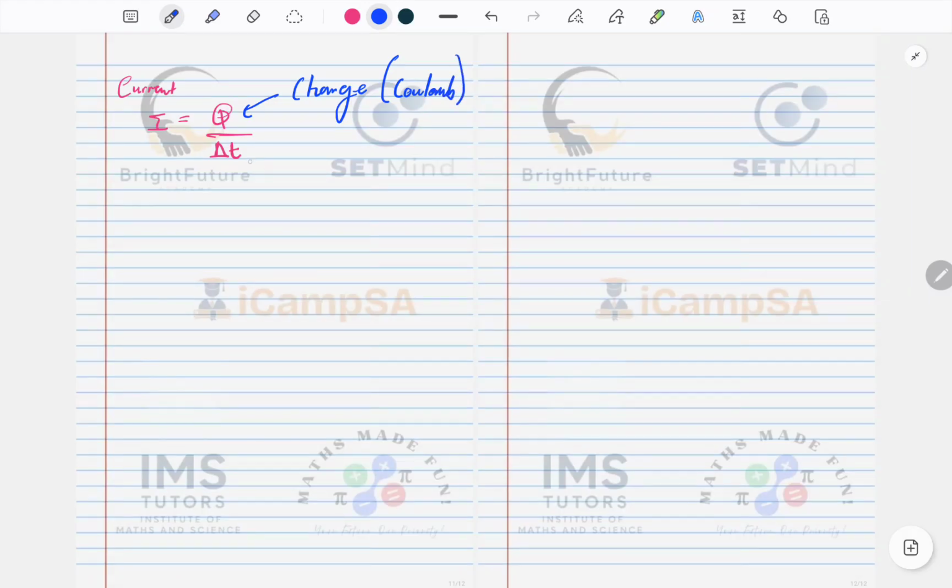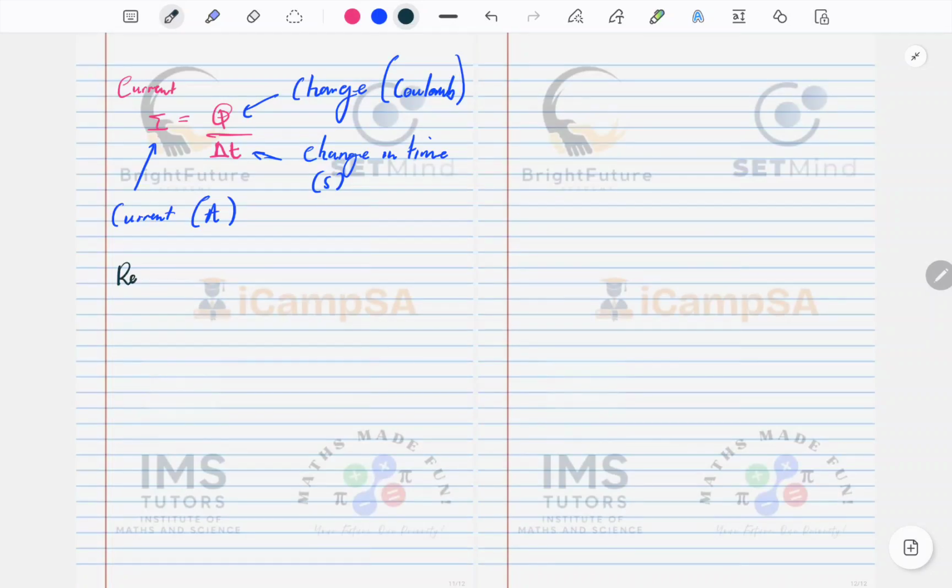And then we have change in time, in seconds. Then you have current here, and this is in amperes. Okay, this is the rate of flow of charge.